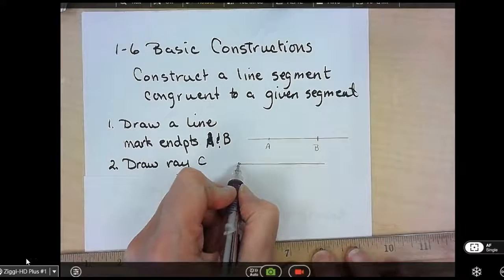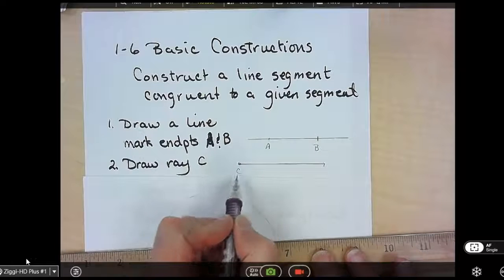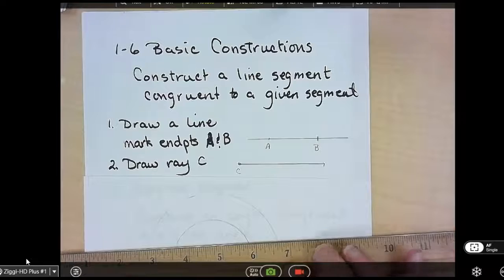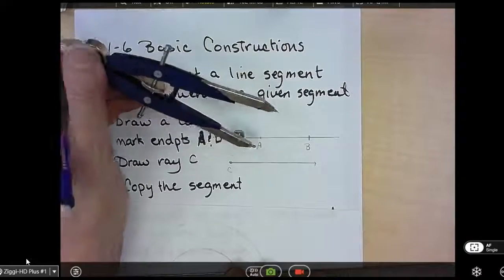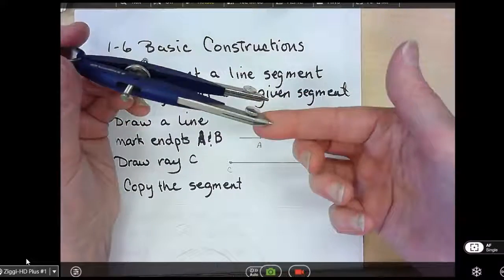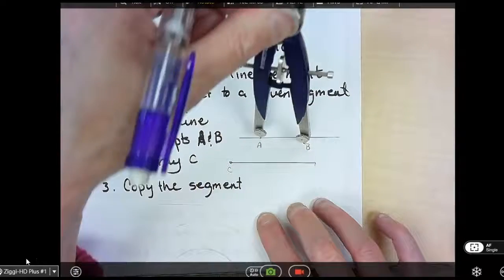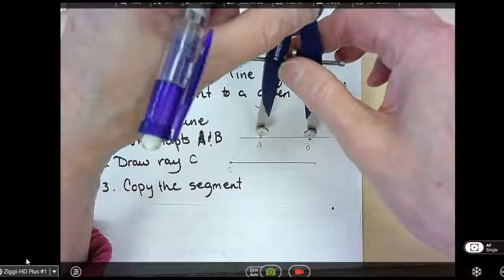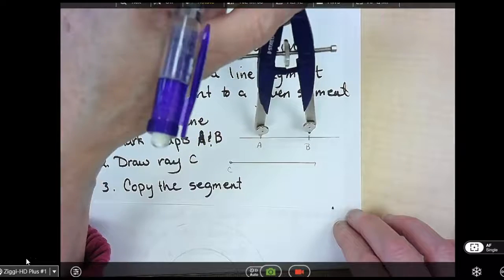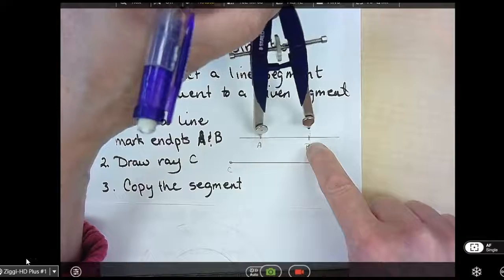But now I want a ray, because this is going on forever, and this one was starting at C, a ray C. And on that ray, we're going to copy the segment. So to copy the segment, I put my endpoint down on A, push it in, and then I want to have that same length as B, so now I have to make it go longer, scribe an arc. I thought I was in the right spot, but as you see, I don't intersect right.